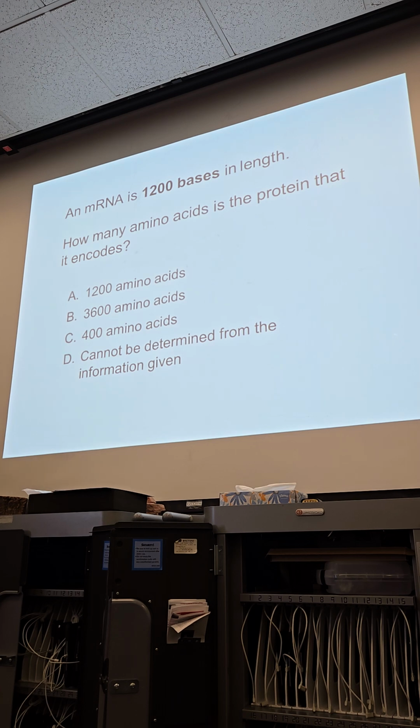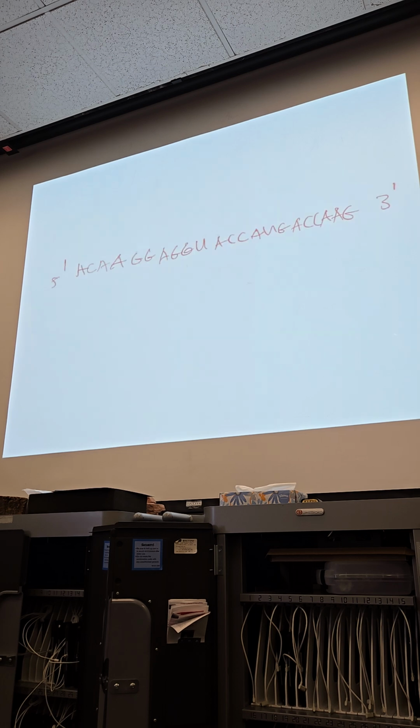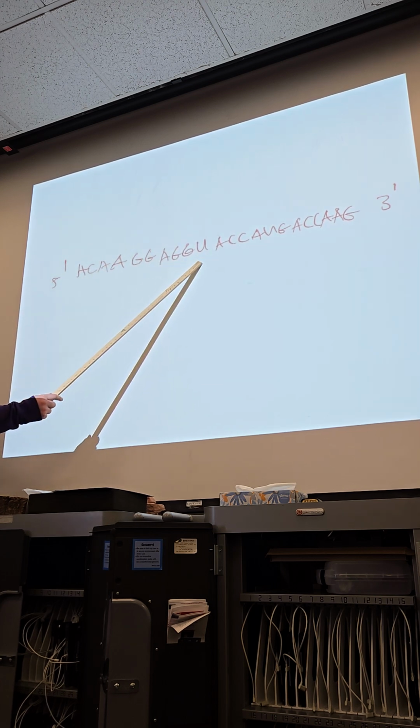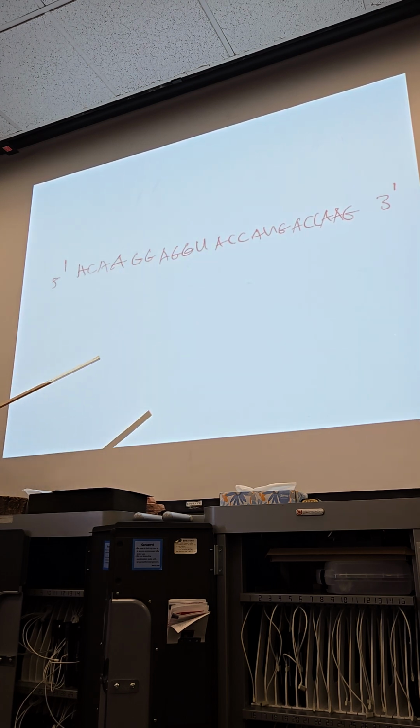Somebody else. Excellent! Not all of it's used to make a protein. What did we just learn about the ribosome binding site? It goes along until it finds AUG. No, the ribosome binding site.